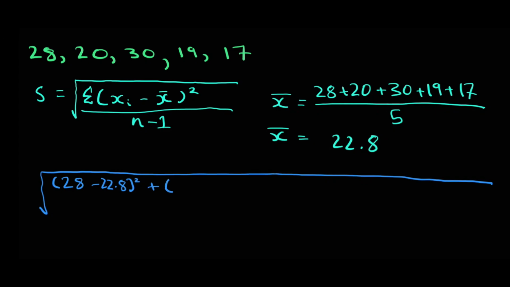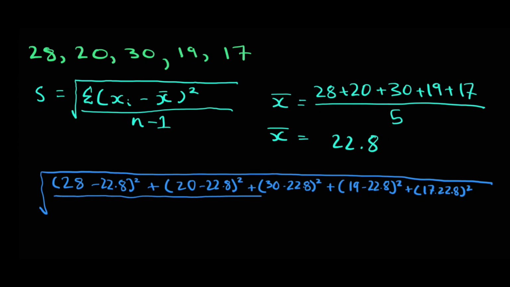Then we're going to do a plus sign, and we're going to go 20 minus 22.8, so using the second data point in the set, squared, plus 30 minus 22.8 squared, plus 19 minus 22.8 squared, plus 17 minus 22.8 squared. Then we're going to divide that by n, which represents the number of data points in the sample, so 5, minus 1. So divide by 5 minus 1.